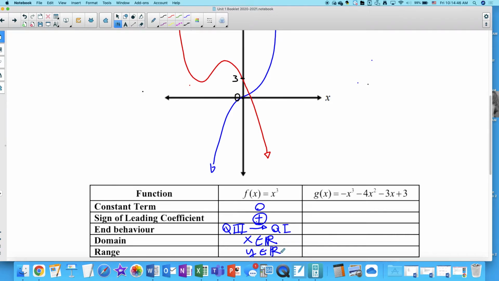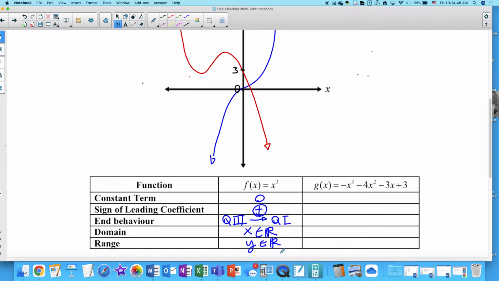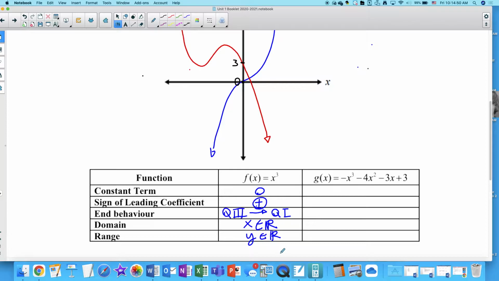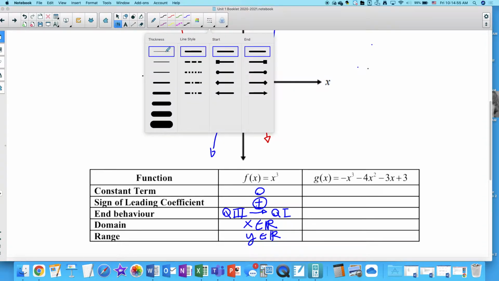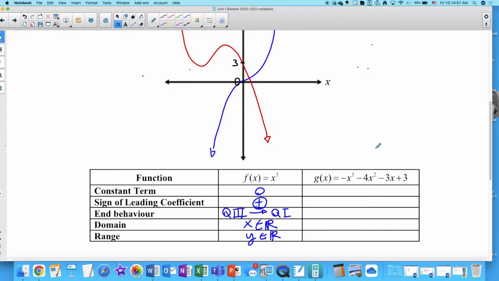Okay. And then what about the red graph, g of x? What is the value of the constant term for that function? 3. Okay. Sign of the leading coefficient? Negative. End behavior? 2 to 4.